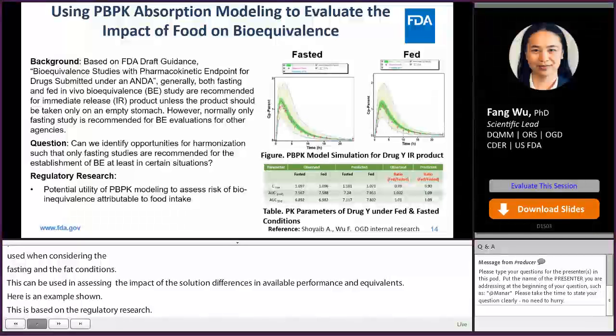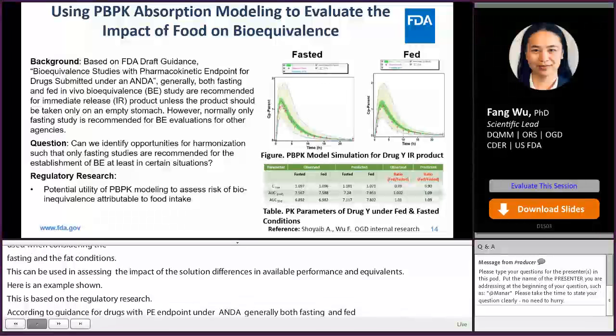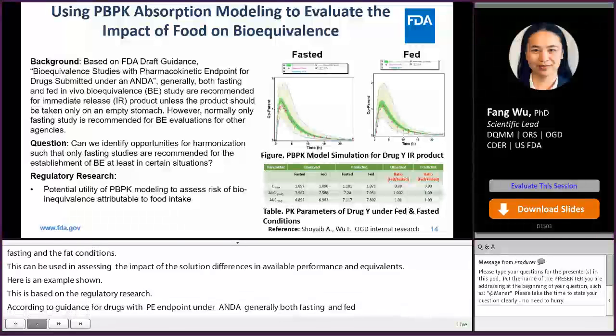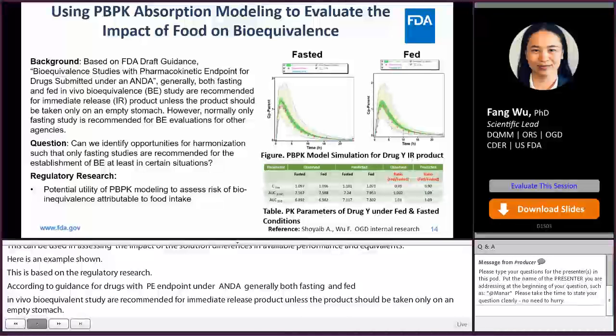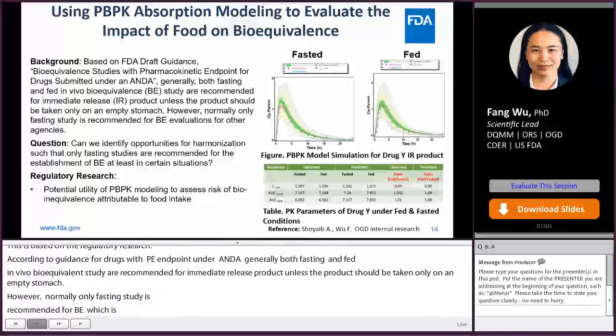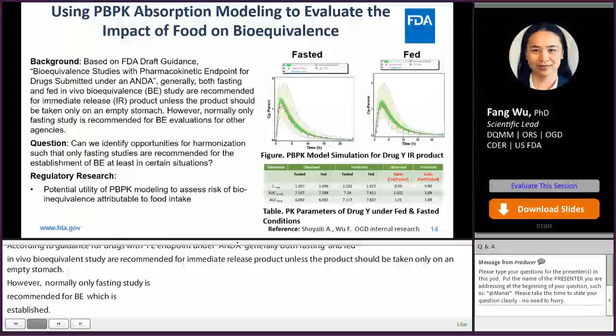For harmonization, can we identify some certain situations where only fasting studies can be recommended for the establishment of BE? As shown in the right figure, we established and validated a PBPK model to predict the drug PK under both fasting and fed conditions. This demonstrates the potential utility of PBPK modeling to assess the risk of bioinequivalence attributable to food intake.